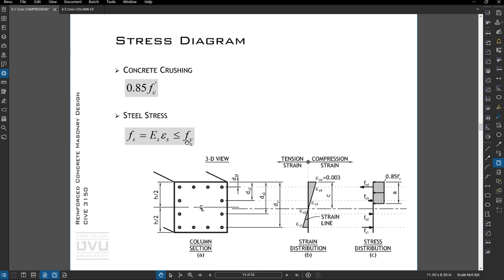If it's more than the yield strength, we will say the strain is past the yield strain, and we'll use the actual yield strength. So this is the fundamental equation to develop the stress diagram. So there'll be a stress in each bar.